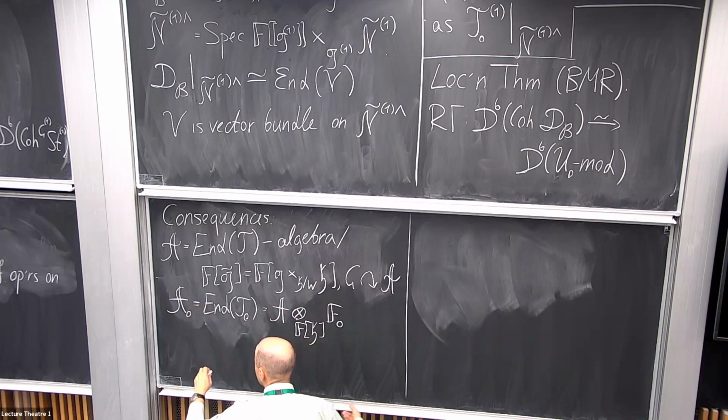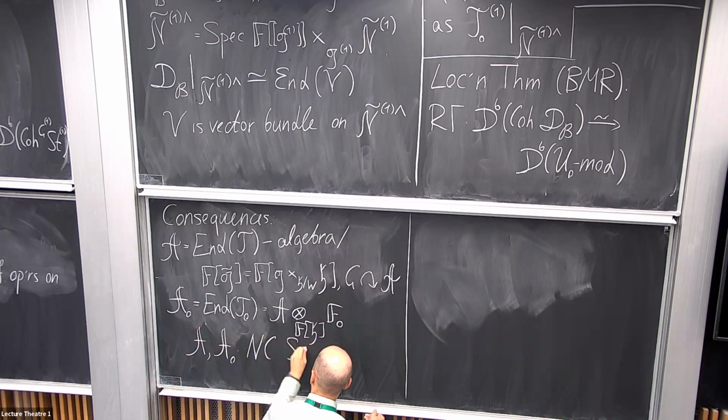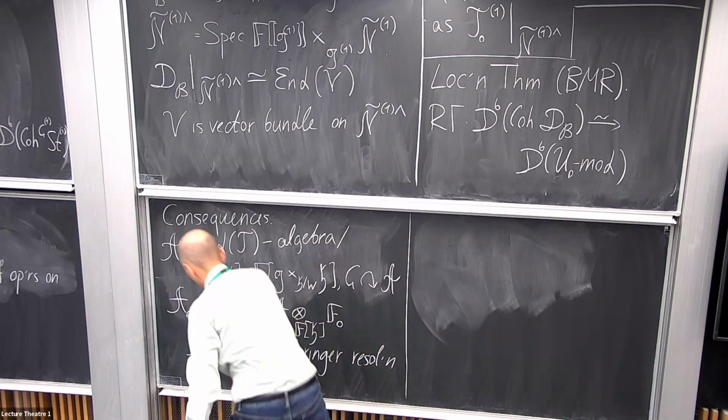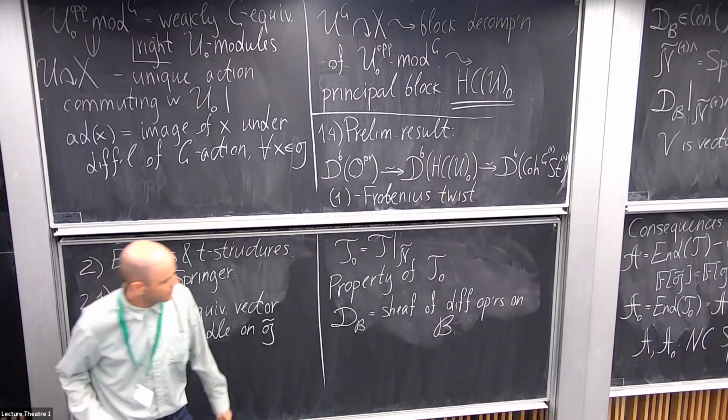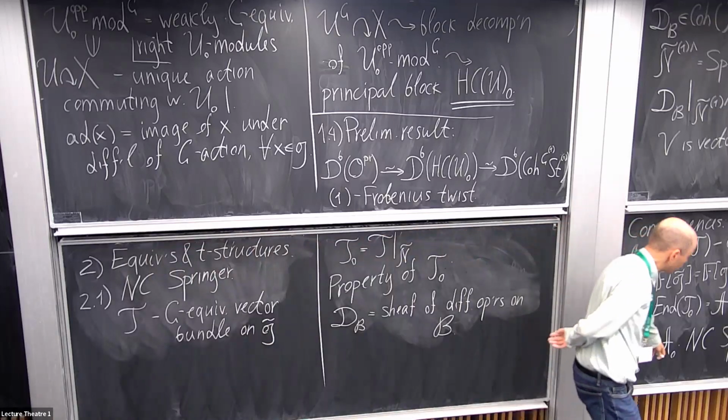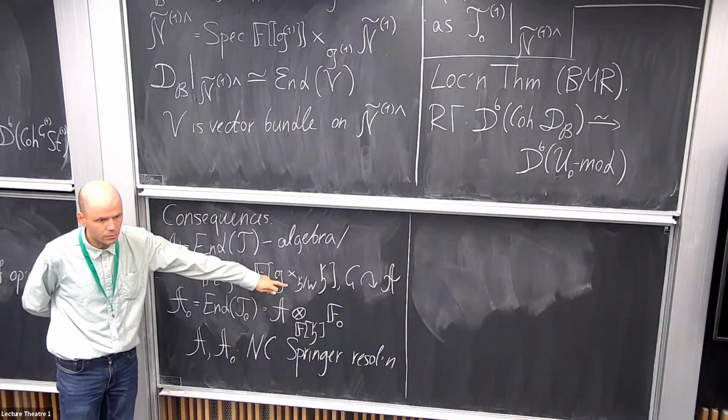And both these guys are known as non-commutative Springer resolution. And in a minute, I'm going to explain why. So this is a non-commutative Springer resolution of the nilpotent cone, and this is a non-commutative Springer resolution of this.